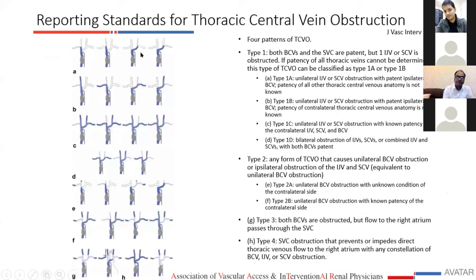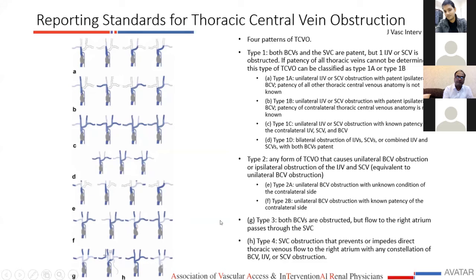So there are these reporting standards by which you define these TCVOs as type 1, which can be then divided into type A, B, C, D. This article can be accessed here, and then there is type 2, which is here, E and F. Again, you call it 2A and 2B, and then a type 3 here, and then you have SVC obstruction that prevents direct thoracic venous outflow to the right atrium with any constellation of brachiocephalic, innominate, or subclavian vein obstruction.